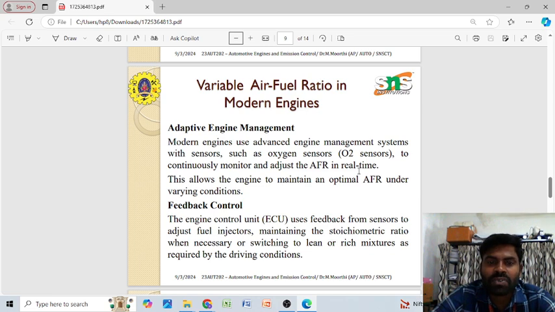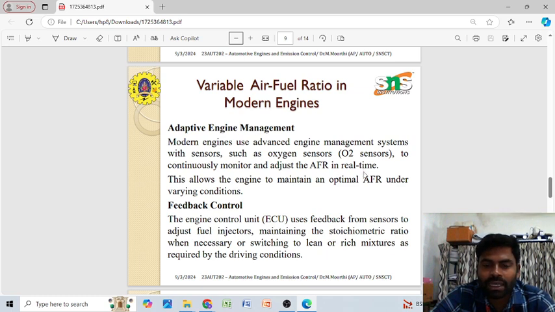If we have sufficient oxygen during the combustion process, we get complete combustion, and fuel efficiency is higher with high oxygen availability. If the oxygen sensor is attached to the engine, when there is a variation, the sensor will automatically sense the quantity of oxygen required to make the combustion complete.